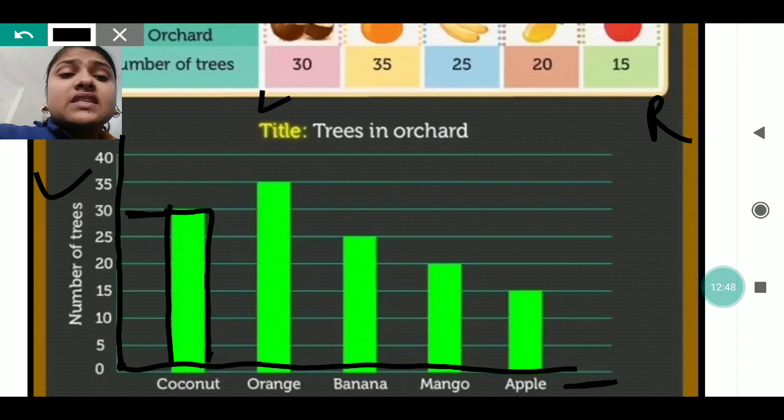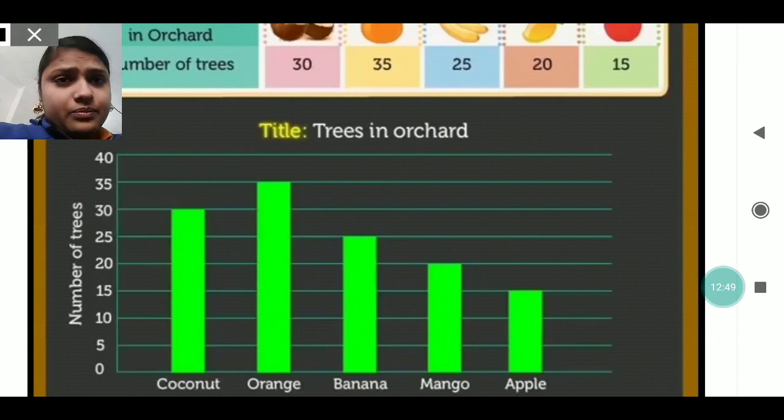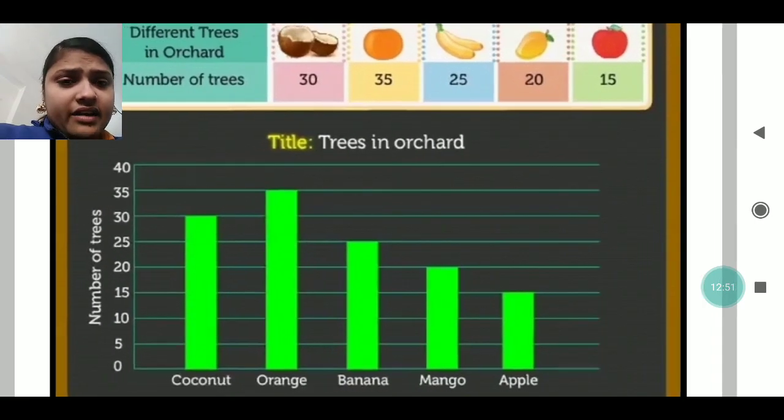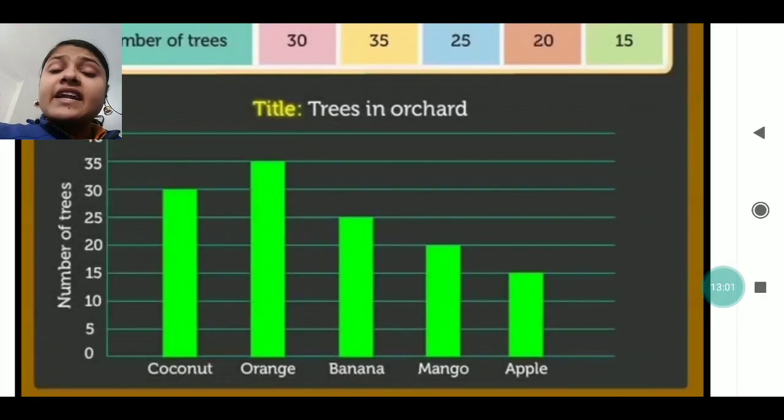With the help of these bars you represent the number of fruits in the orchard. If the bars we are drawing are standing, that is called a vertical bar. You can see all are standing, so they are called vertical bars.